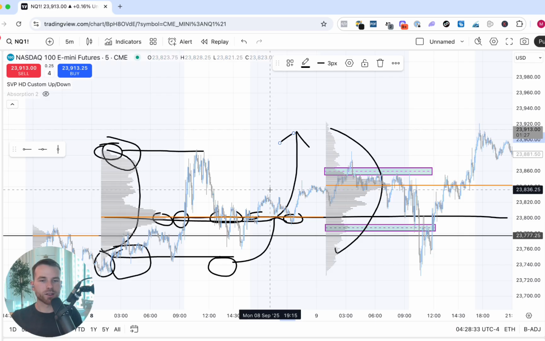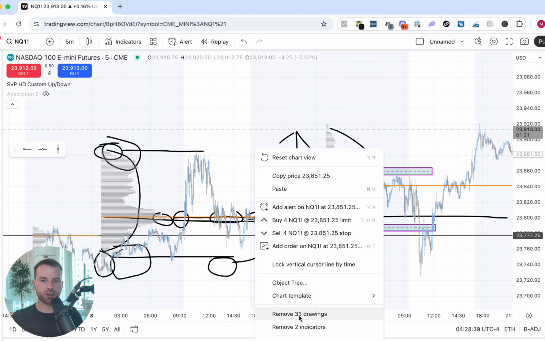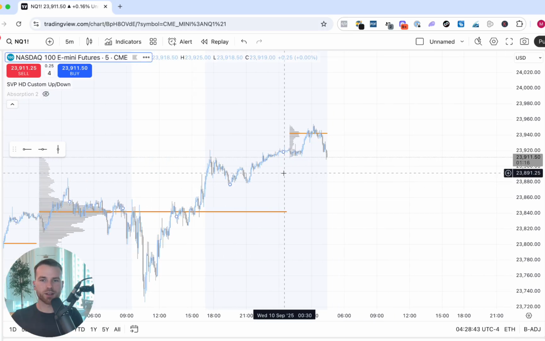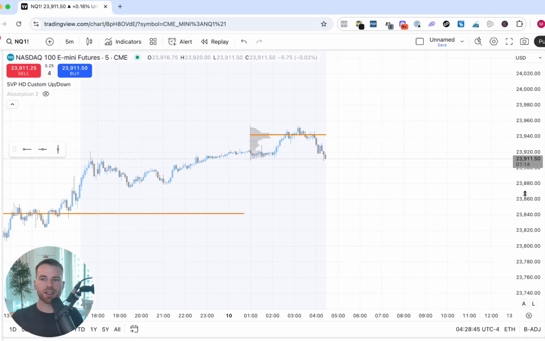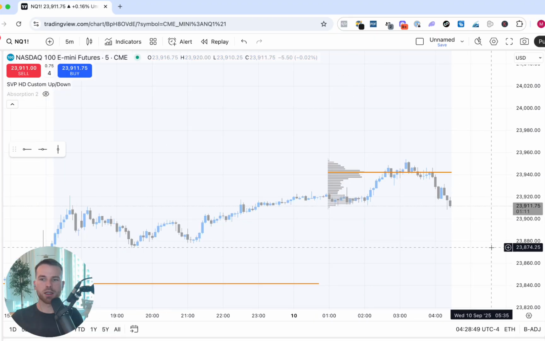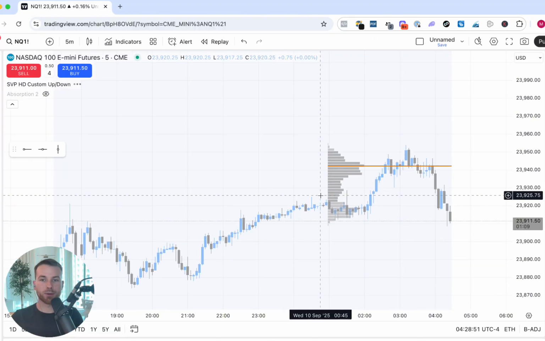Now, when it comes to the volume profile, there are quite a few structures that we need to take a look at, okay? The market profile, and we can see this right now, for example, has certain shapes. I made a video about those volume profile shapes before.